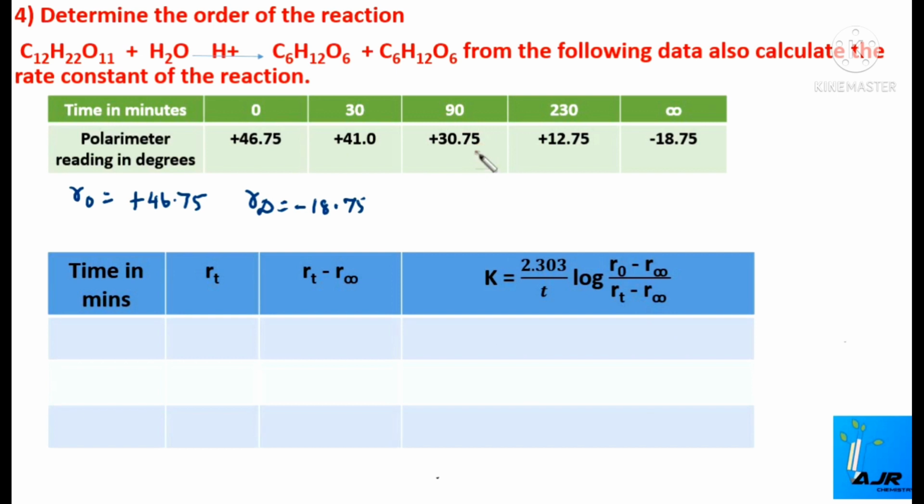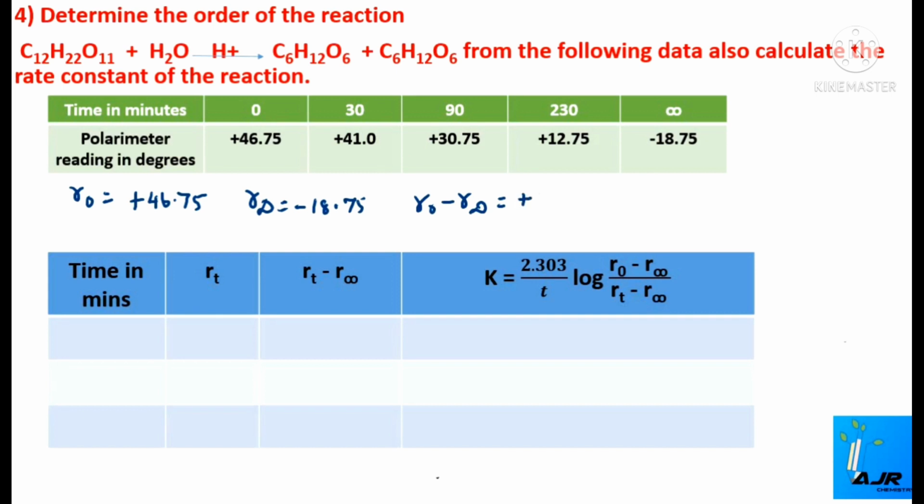Now this value will be changing for individuals. For different time intervals, this value will be changing because the t value is changing here: 30, 90, 230. But R0 minus R infinity will be a constant value. So I'm going to find out this value. R0 minus R infinity is equal to, what is R0?